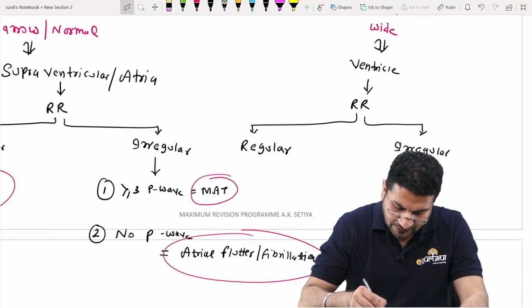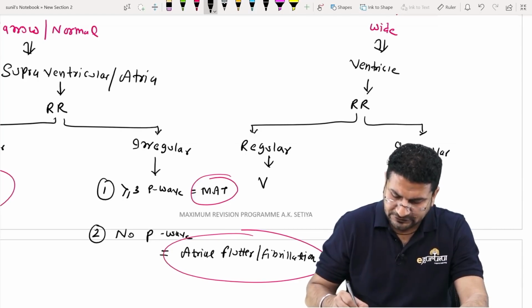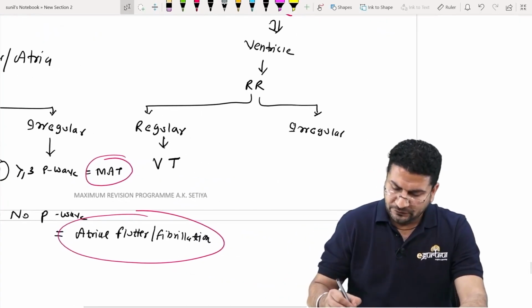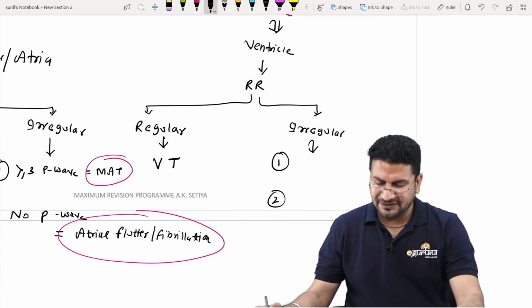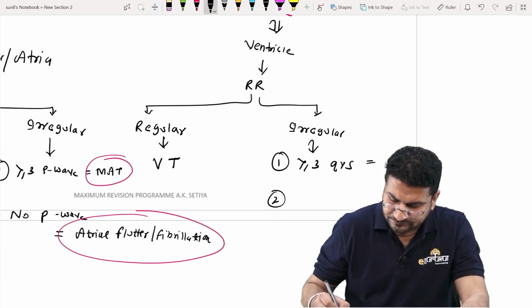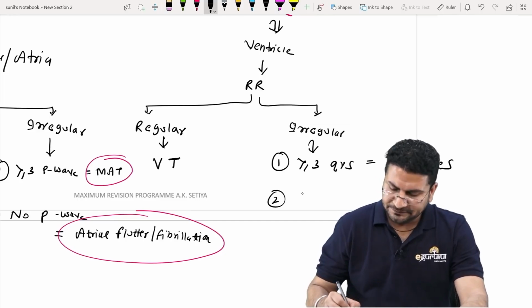If you see a wide QRS with a regular RR interval, this will be VT, ventricular tachycardia. If you see an irregular RR interval, then you should focus on 2 important parameters. One is more than 3 different types of QRS, we call this torsades.